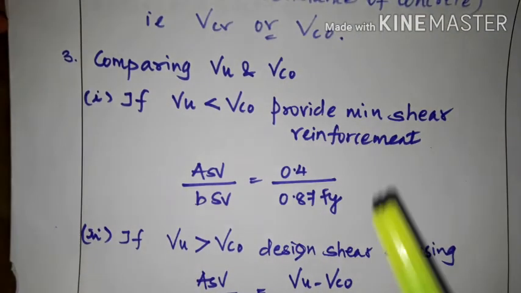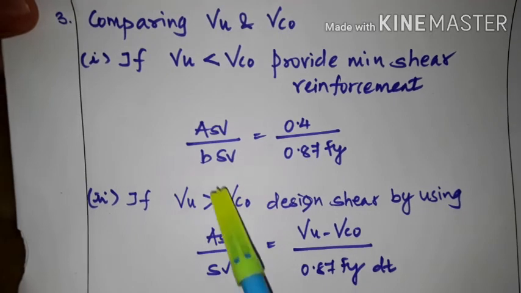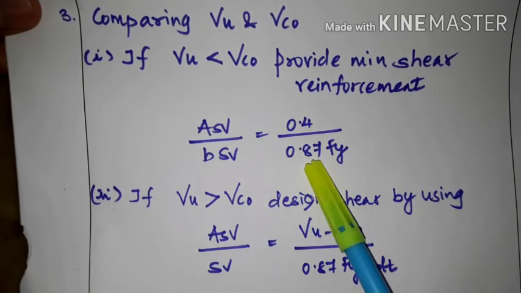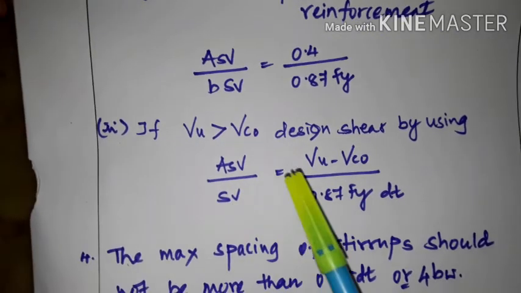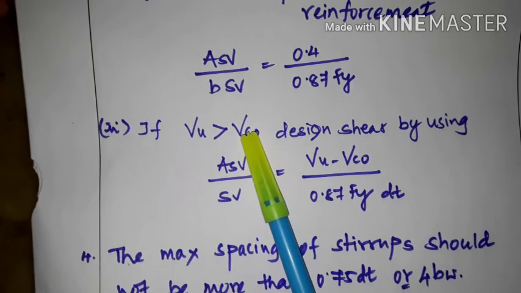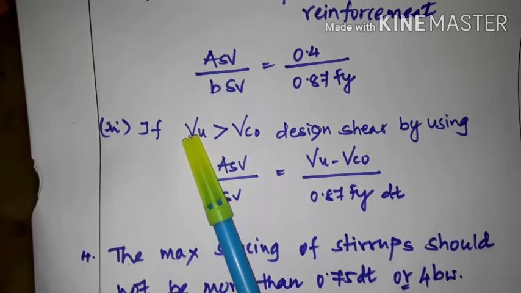That is by using ASV upon SV is equal to 0.4 upon 0.87 Fy.